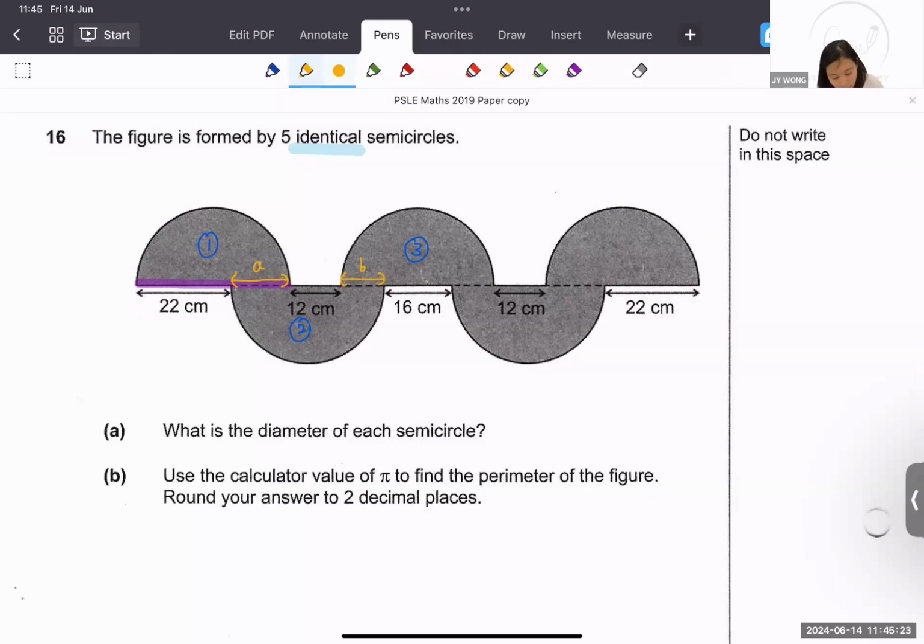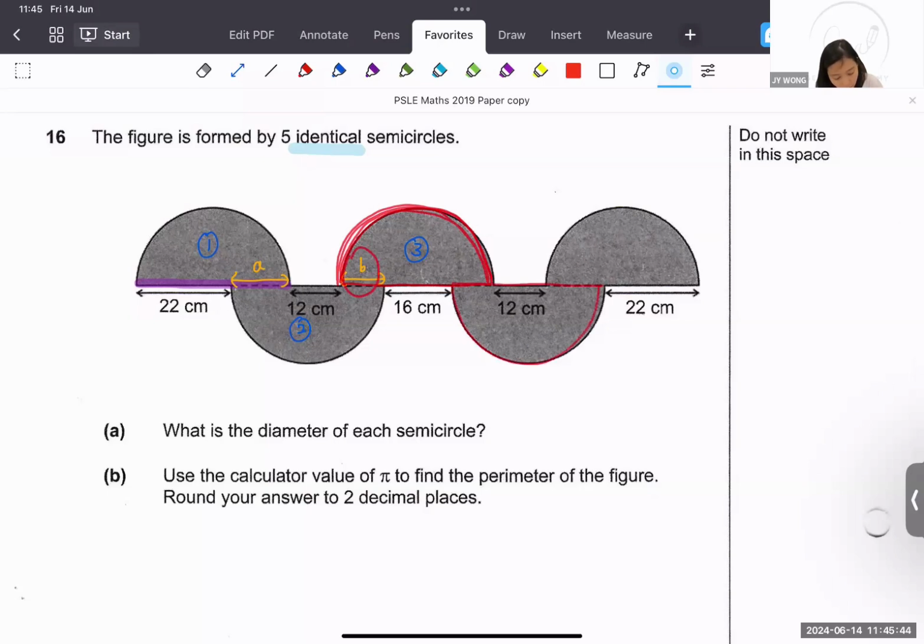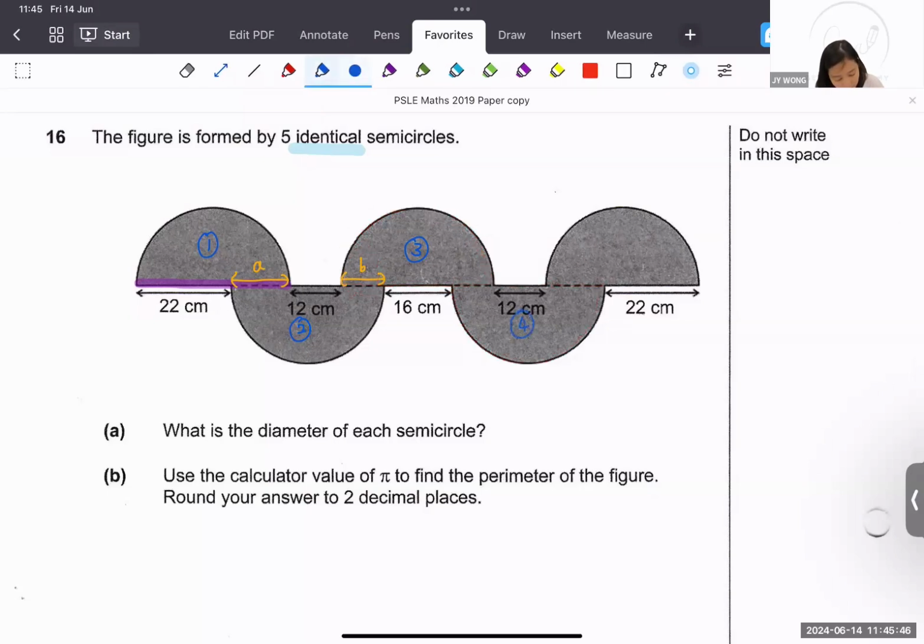If you see carefully, there are three semicircles that show different dimensions or parts of the diameter. So we need to know what's going on here. Semicircle 3, this is B. And then this semicircle, the fourth one, resembles number 2.